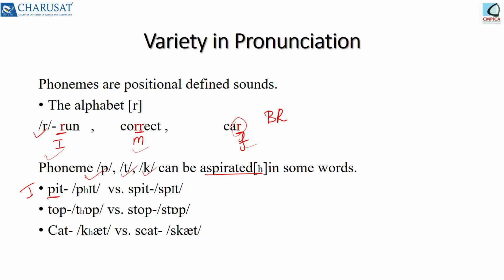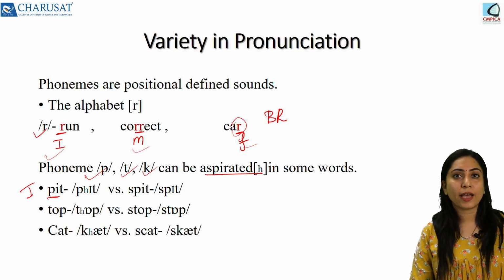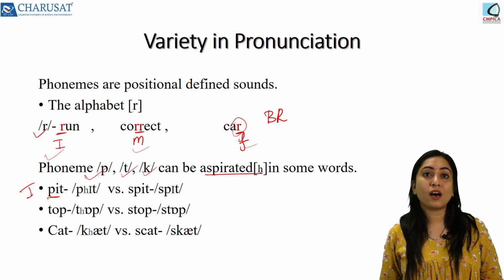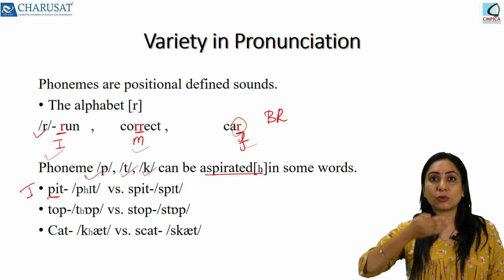It comes out with a puff of air. So try putting your right hand in front of your mouth and try speaking it. Let me just show you over here how it can be done. What are aspirated sounds and what are unaspirated sounds? So when we speak of an aspirated sound, you need to understand that it can be checked like this.